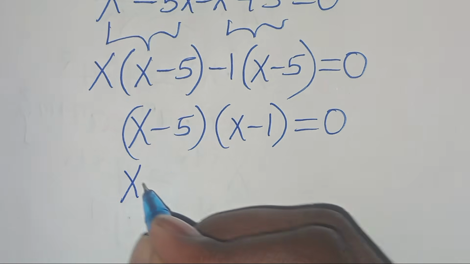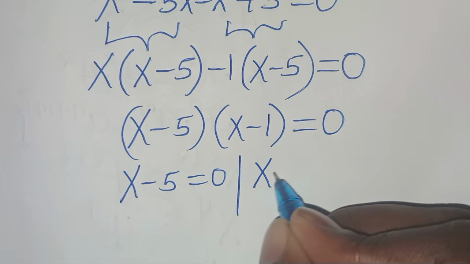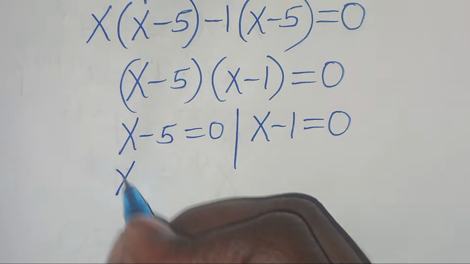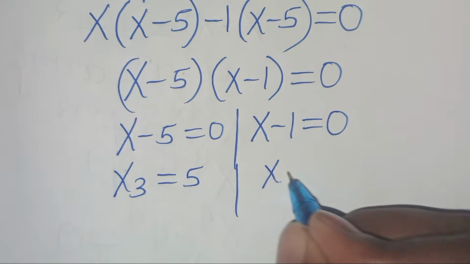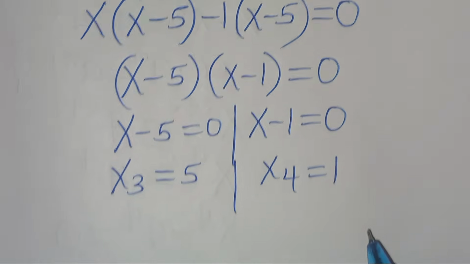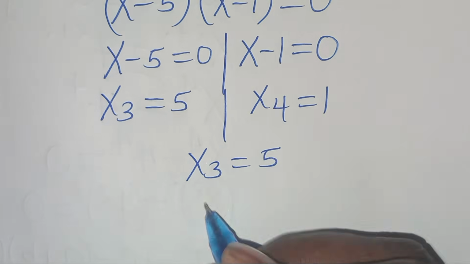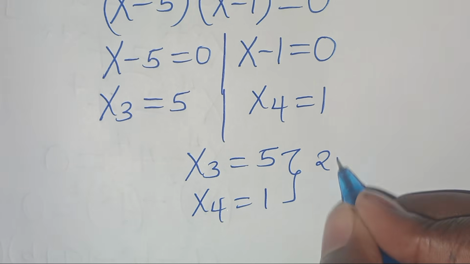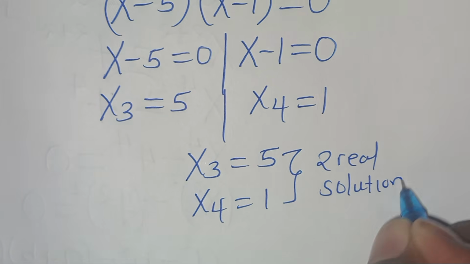We have x minus 5 equal to 0, then x subtract 1 equal to 0. So x3 is equal to 5, and x4 is equal to 1. These are two real solutions.